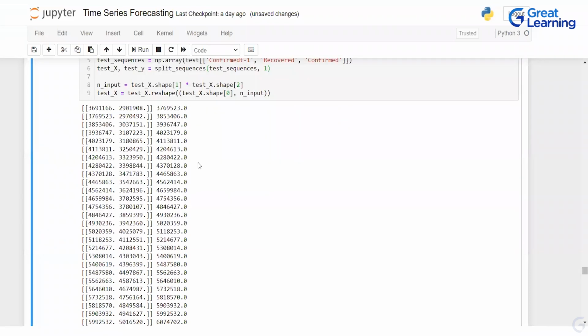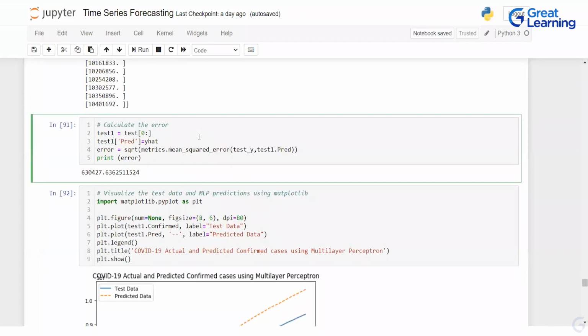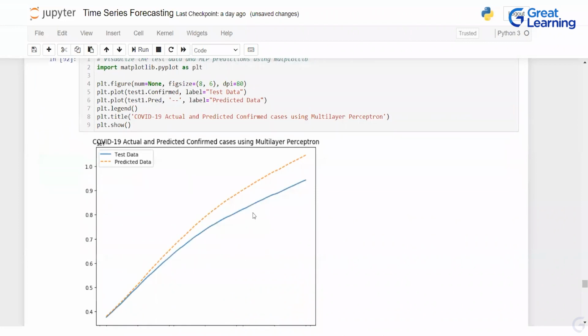Now, this is your simple RMSE and all. Now, if you see with this one, with predicted confirmed cases with exogenous as recovered, this is the difference that you are having. This is the series that is predicting. It is also equivalent to the previous one that we got. Why? Because they are highly correlated.